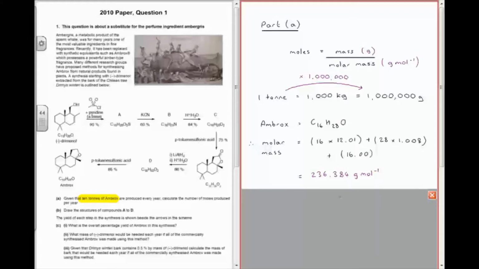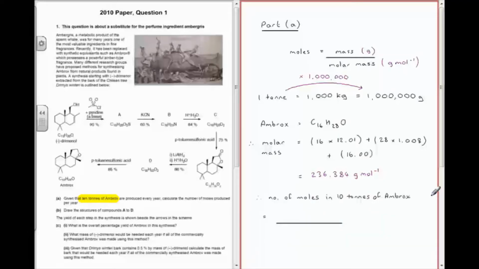All that remains now then is to plug our values into our final equation, remembering to convert our mass of ambrox into grams. So our mass, we've got 10 tons, and each ton is equivalent to 1,000,000 grams.